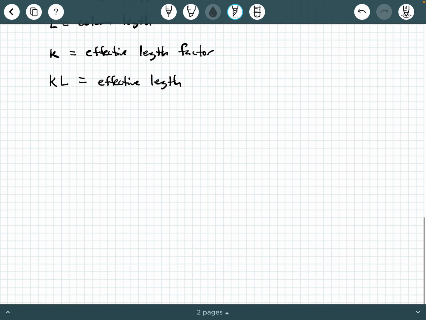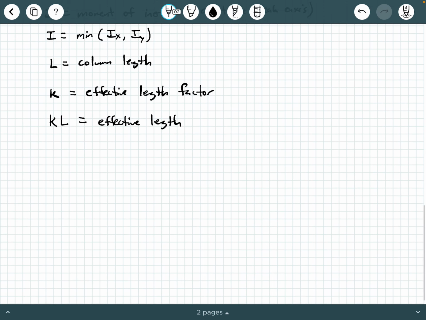So for example, let's say that we have a column that is restrained by pin connections, and it's supporting compressive force P. Now, when P gets to be P Euler, what will happen to this column? Well, it's going to buckle. It's going to bow out like this.